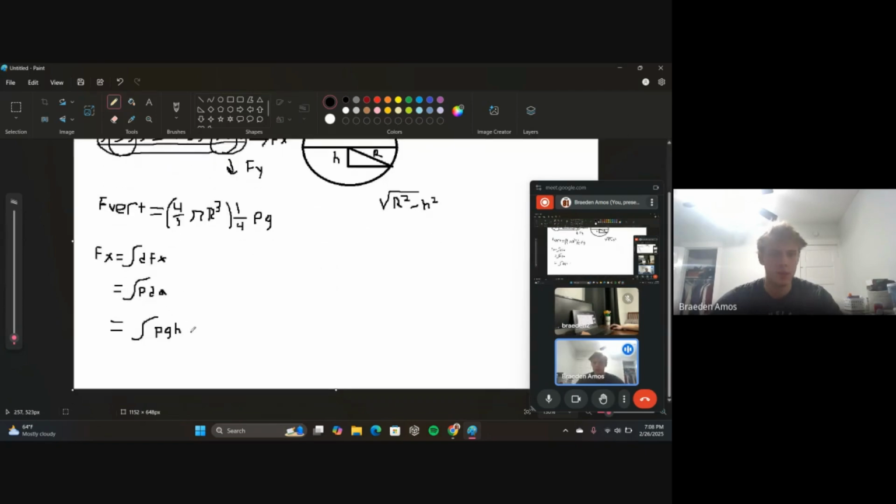So we're going to add that to this. r squared minus h squared. We're integrating with respect to dh. And then the limits are going to be from 0 to r, because that's the radius. This is a 2.